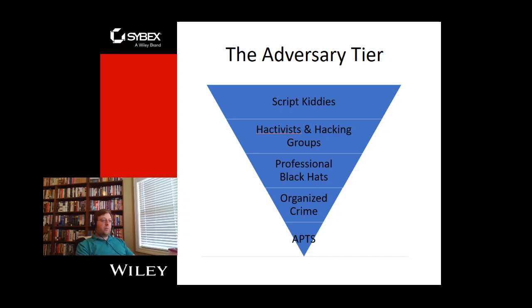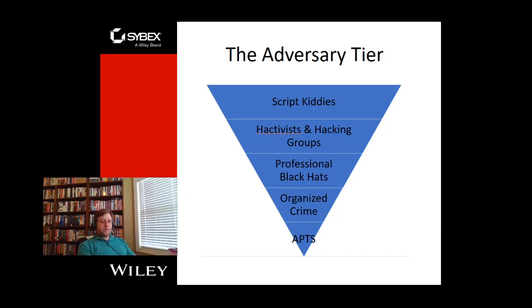Some of them want to learn, but typically when you're looking at script kiddies, you're dealing with people that are not expert hackers. Now, there may be a large amount of them, so your probability of having to deal with script kiddies is pretty high, but they're unlikely to cause persistent damage to network infrastructure or compromise large amounts of data, as a general rule.